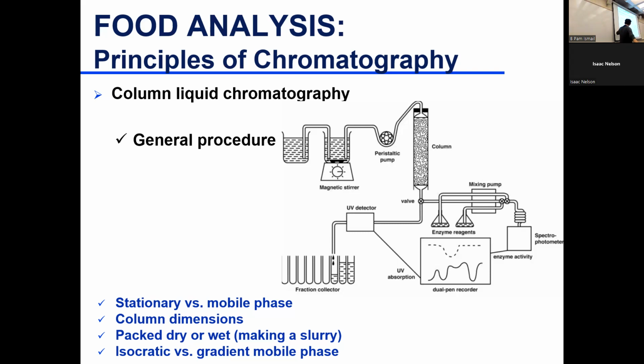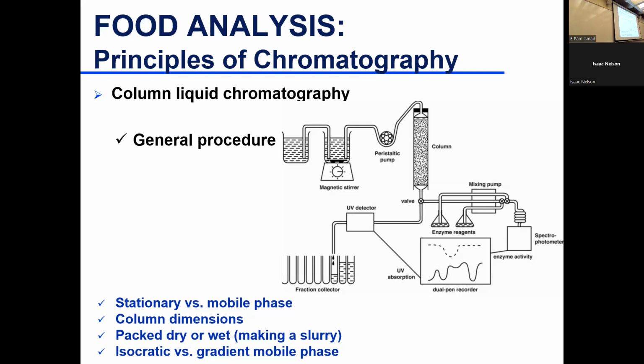Okay. Column dimension. That's when I say I should have gotten my columns with me. So columns can be very long and thin, or can be short and wide. So you have different diameter, different length. We talked about columns that are long, you get really better resolution because you have more time for separation, more interaction with the column.